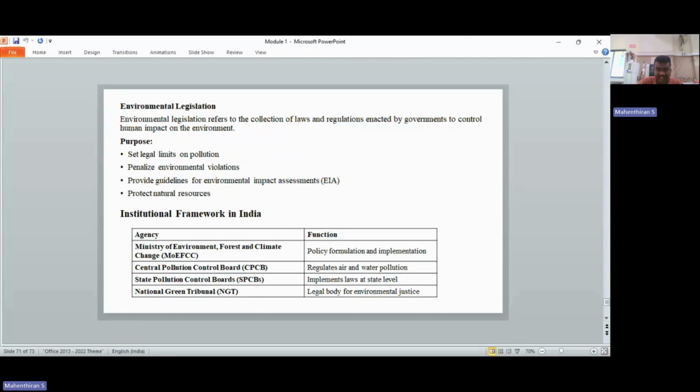Now we have the institutional framework in India. First, we look into the Ministry of Environment, Forest and Climate Change.